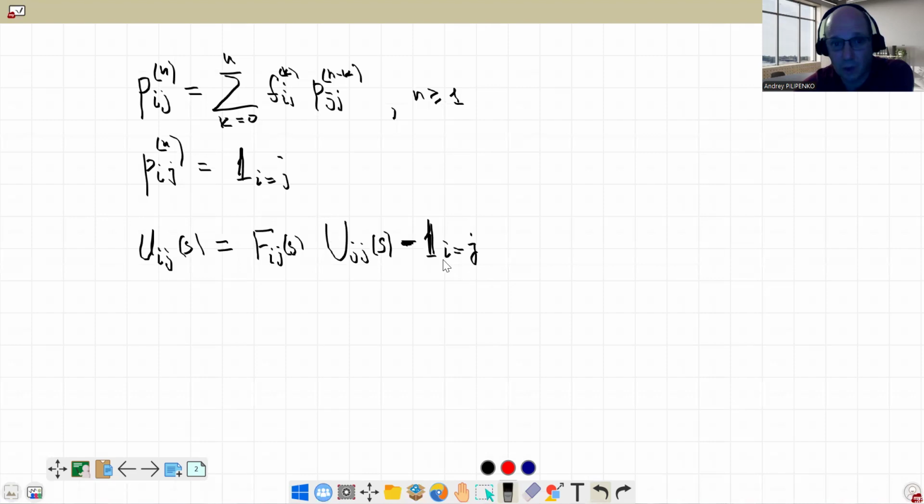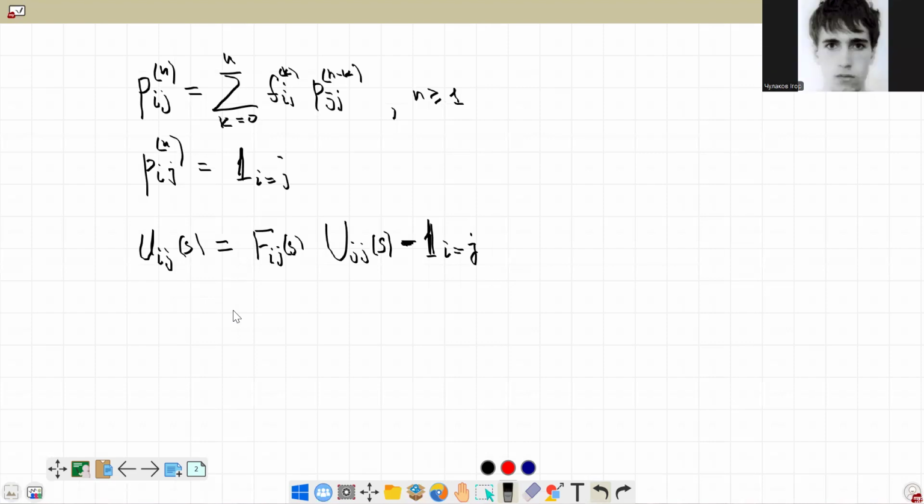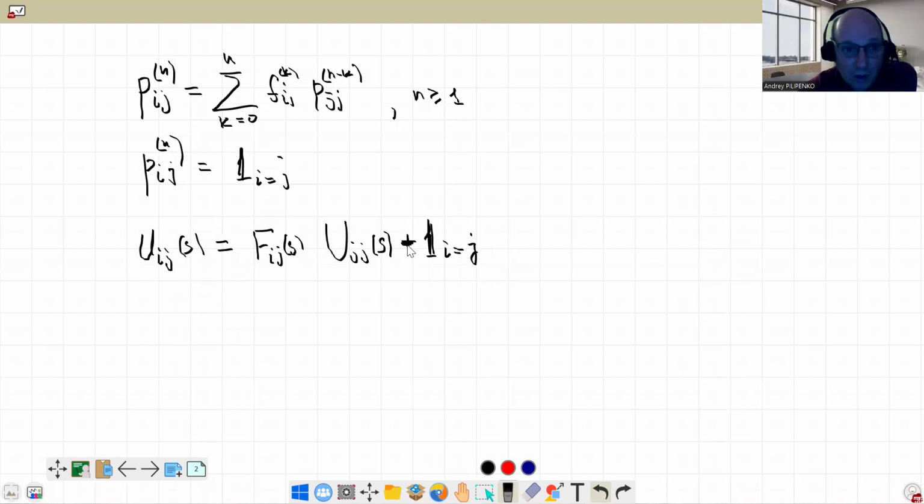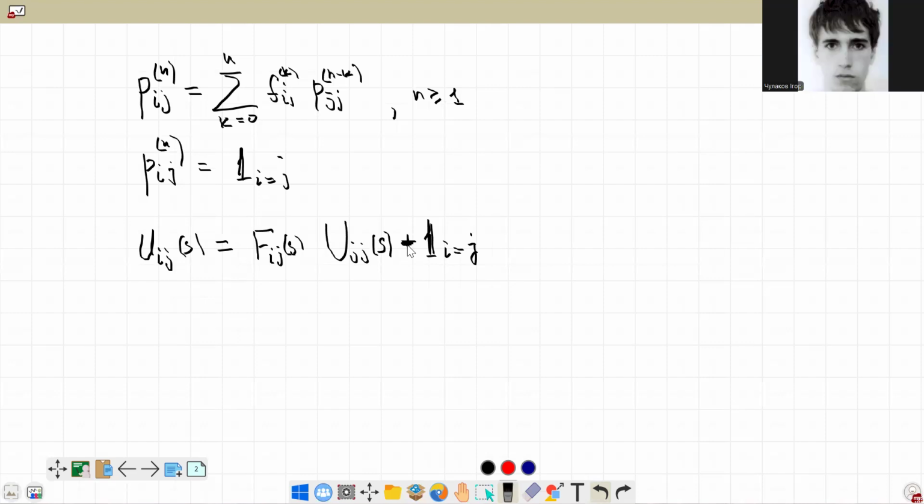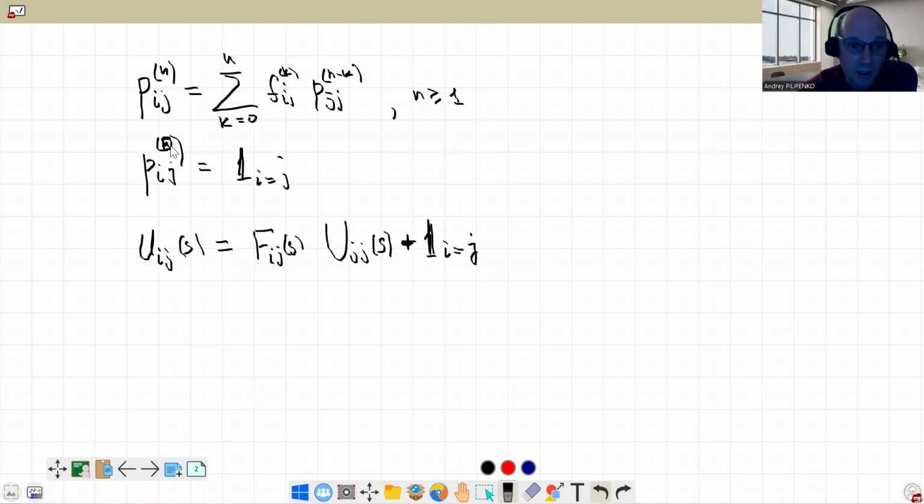We have just a convolution. If i is equal to j, we have to add the first element. Sorry, plus or minus?